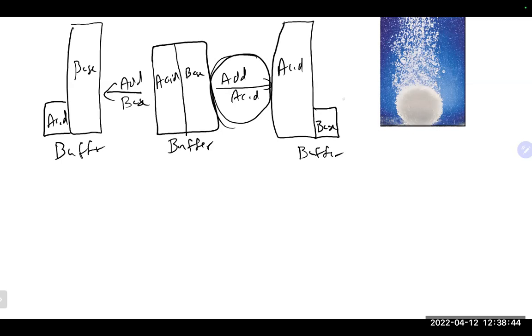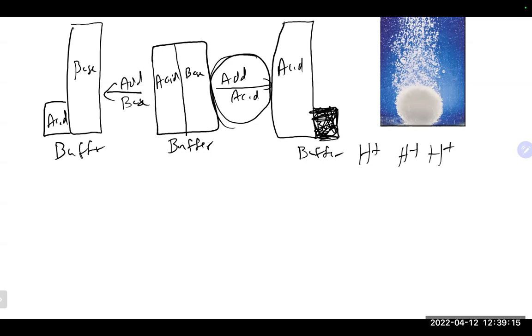If I keep adding acid, I'm going to keep eating up some of the base, and keep eating up some of the base, until there is no more base to be eaten at this point, right? We're full. And if I continue to add acid past that point, what I am essentially doing now is just dumping in a bunch of H+, and you're going to blow through your buffer. And you will, at that point, start to see a pretty big jump in pH because now you're just dumping a bunch of H+ in there.